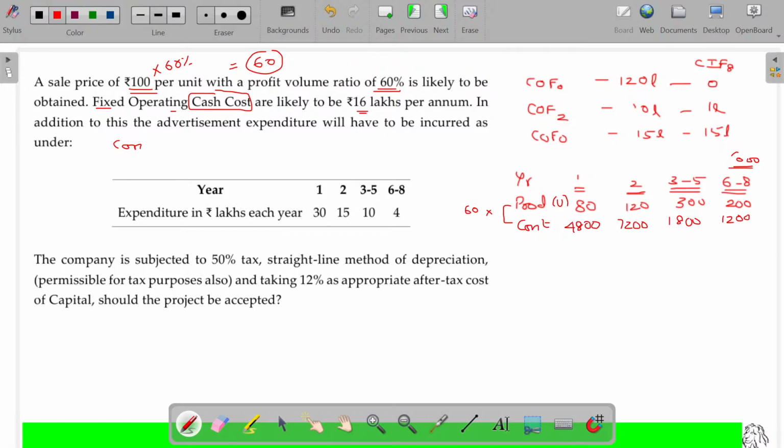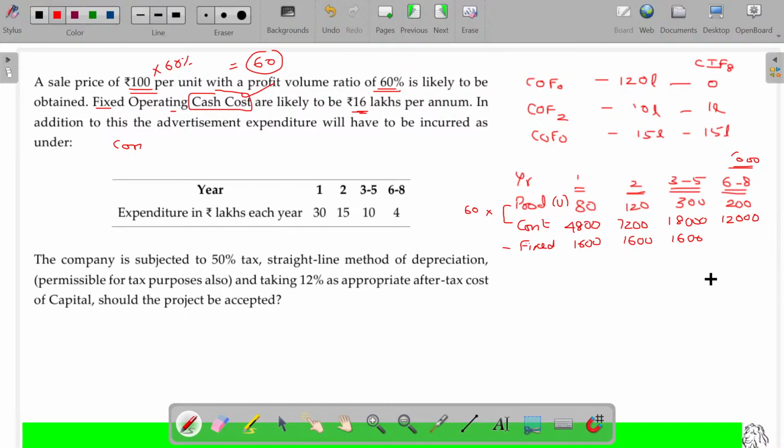From the contribution, you have to subtract what? Fixed cash cost, which is around 16 lakhs per annum. 16 lakhs, otherwise 1,600 thousands, always. I think this value is 18,000, right? This will be 12,000.